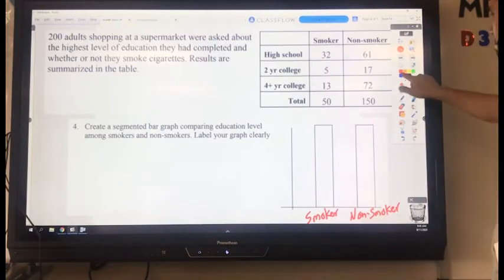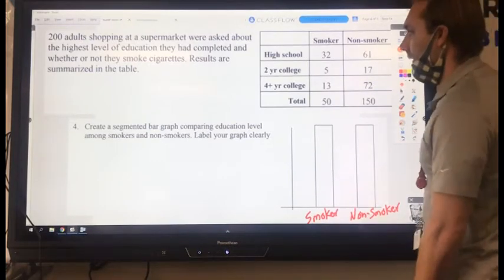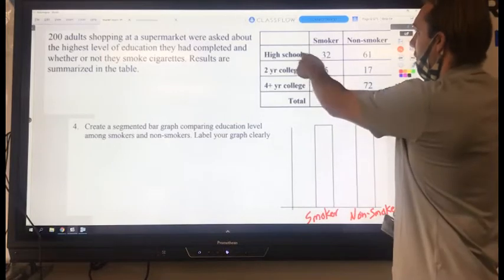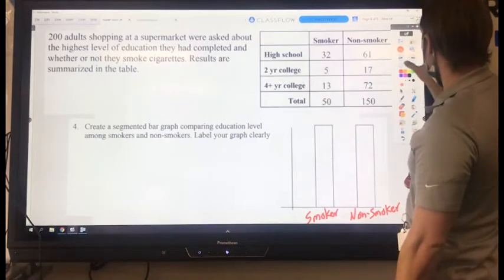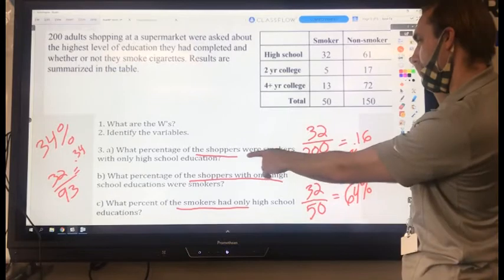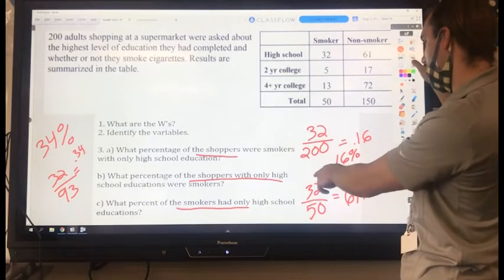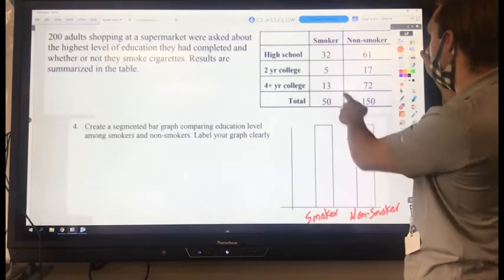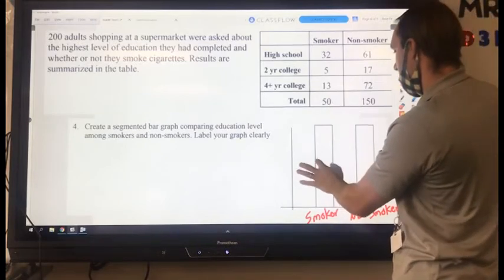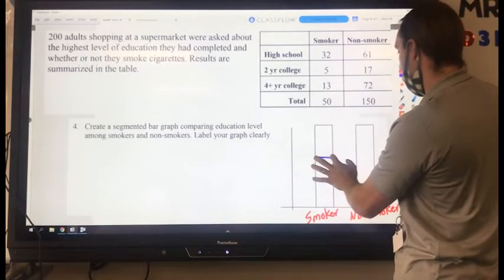I'll start with blue. Smokers, what percentage was high school again? Percentage of the smokers? What was it, 64? That looks about right. So let's say roughly above 50%.